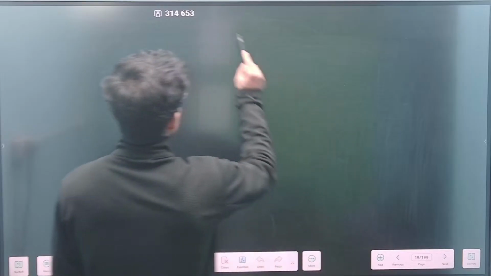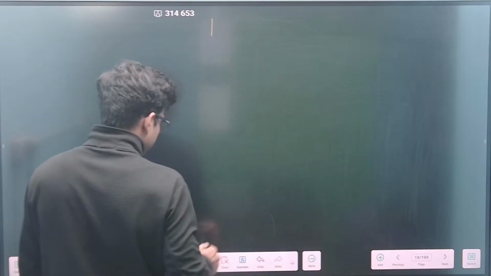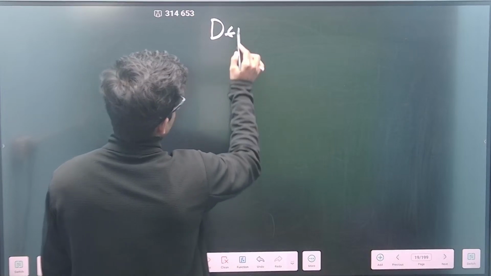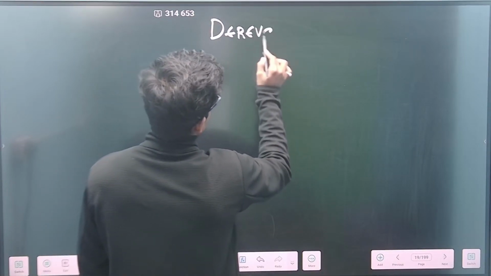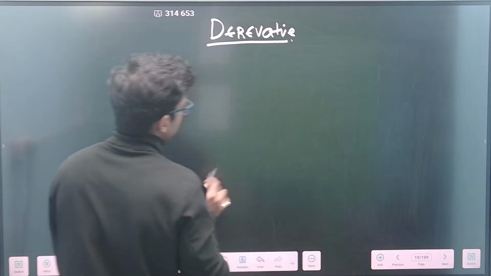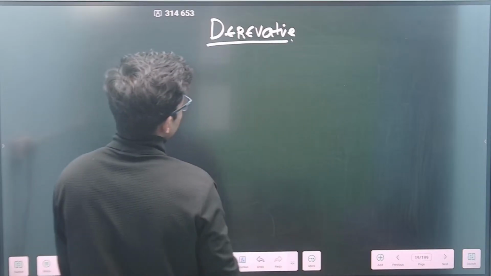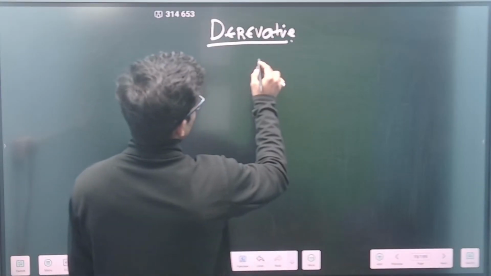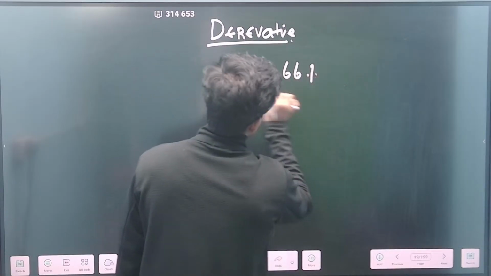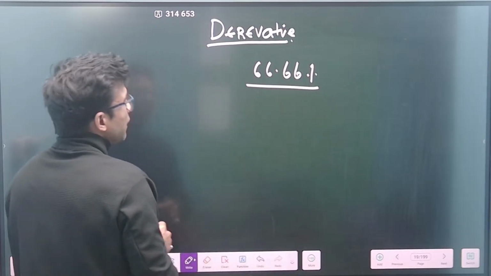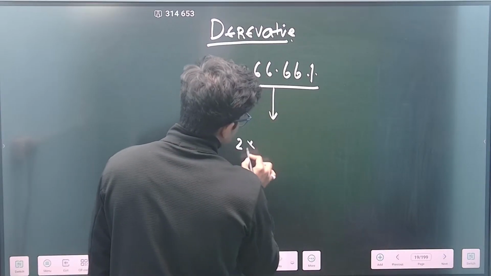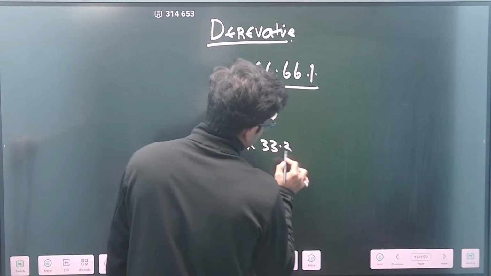Now I was talking about the derivative. Let's see, what is a derivative? Derivative means, suppose somebody said you need to figure out the value of 66.66%. Basically, if I break it out, it is like 2 into 33.33%.